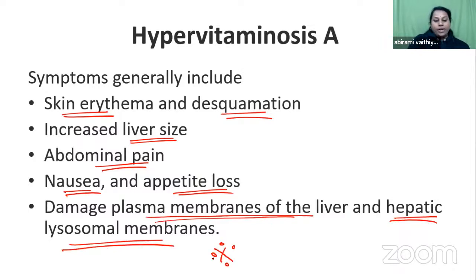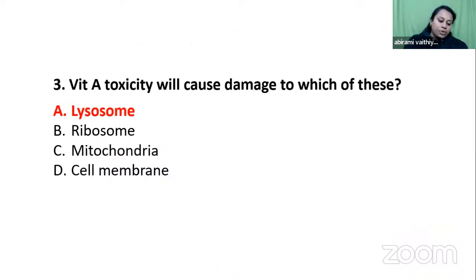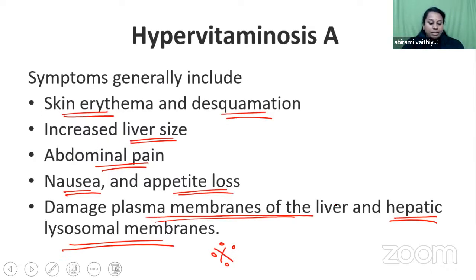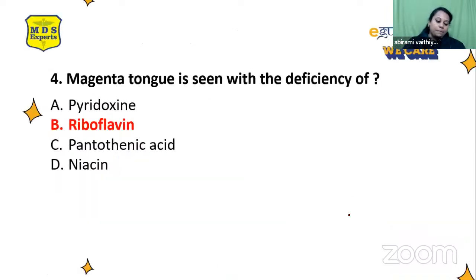Very important point. Hypervitaminosis, overdosage of vitamin A, can act on the liver and damage your lysosomal membranes. That is what the question is on. Vitamin A toxicity will cause damage to lysosomes, option A. On skin also, it has many disturbances, skin erythema, desquamation, and also on the liver.